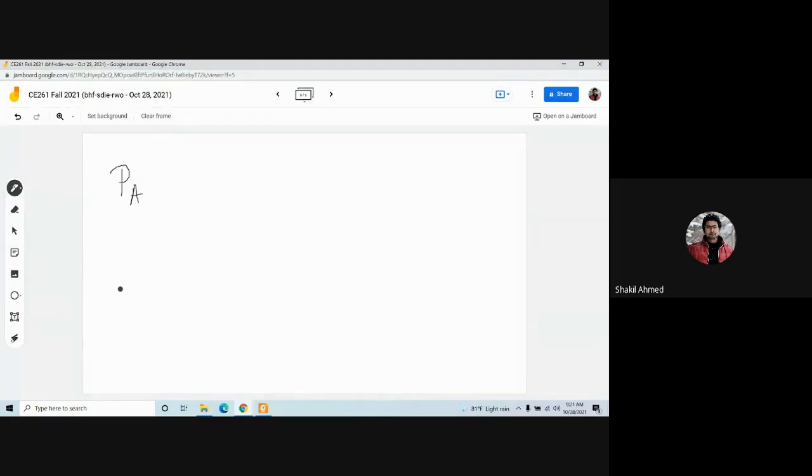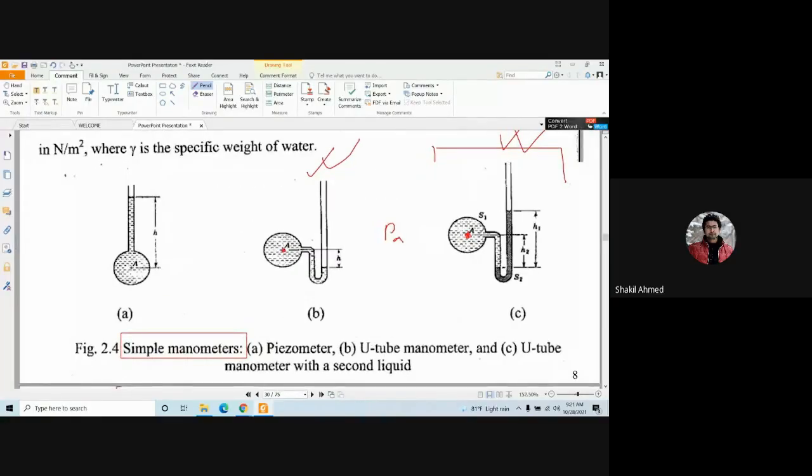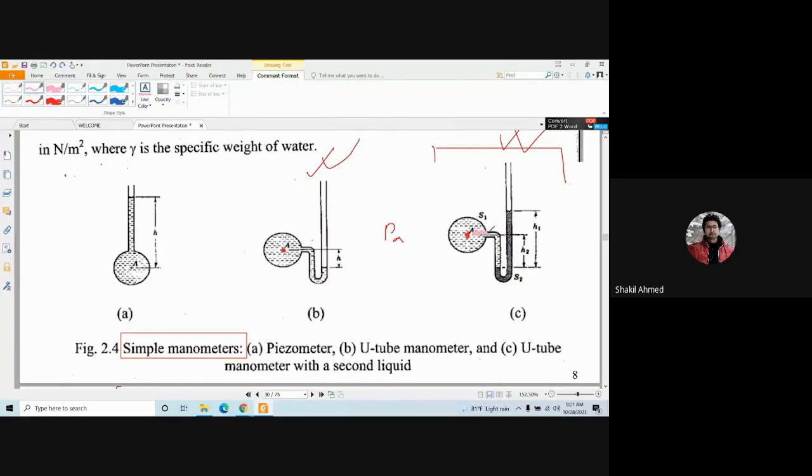Remember the law of equilibrium: summation of Fx and summation of Fy equal to 0. We are just applying that. Here the pressure is PA, fine. Now you have to move in this direction. You were here at this point, PA.